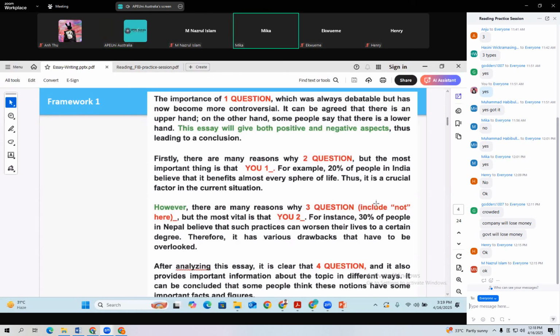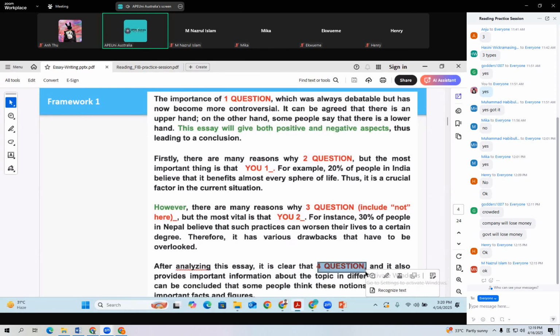That's for the positive and negative aspects. But if the topic is agree and disagree, we need to choose one side. Just choose whatever is in the question. Whatever you have chosen in question 1, just choose that sentence in question 4.